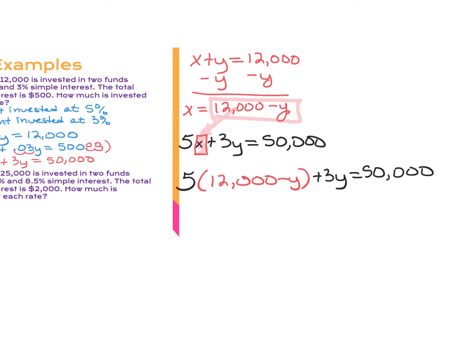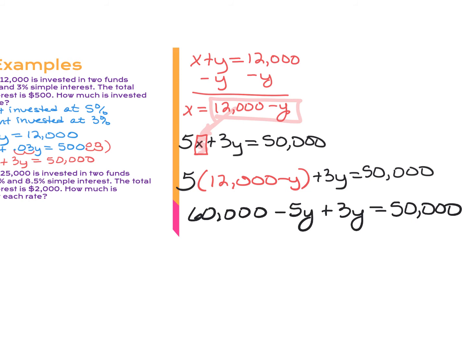I'm now going to distribute the 5, and this gives me 60,000 minus 5y plus 3y equals 50,000. I can combine my like terms. So I can combine negative 5 plus 3 and get negative 2y.